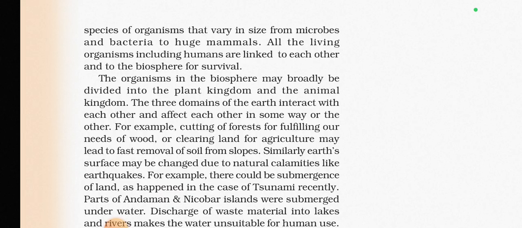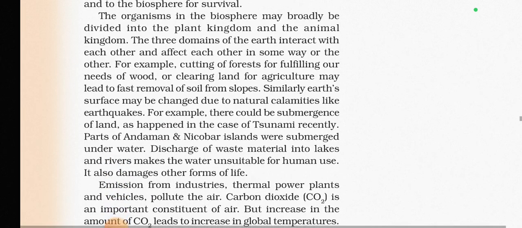Similarly, the earth's surface may be changed by natural calamities like earthquakes. For example, there could be submergence of land, as happened in the tsunami of 2004 in India, when parts of the Andaman and Nicobar Islands were submerged underwater.